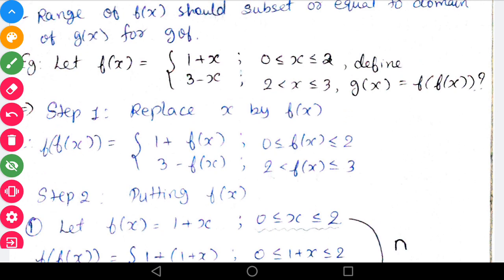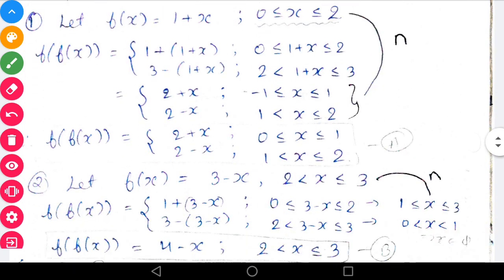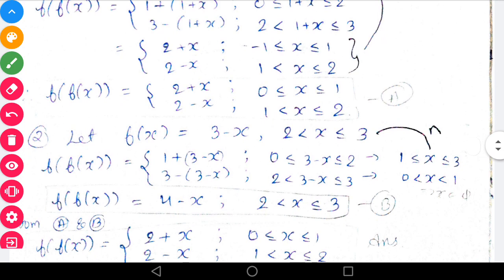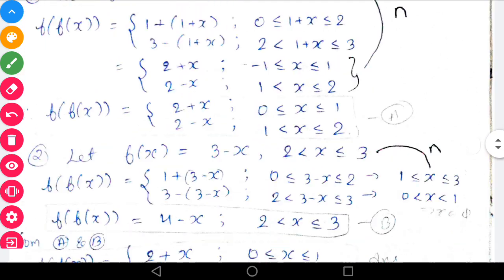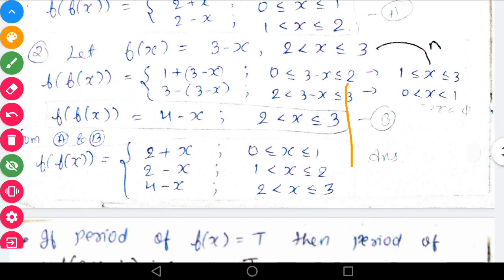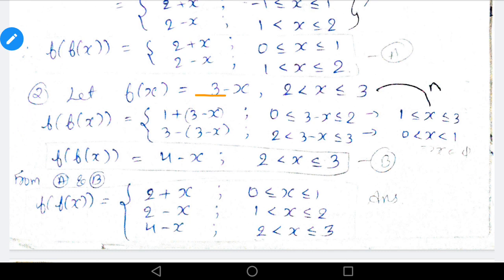Now we will see the second half. Now assume f of x is equal to 3 minus x. We have already done 1 plus x, and similarly we have to do it for 3 minus x.